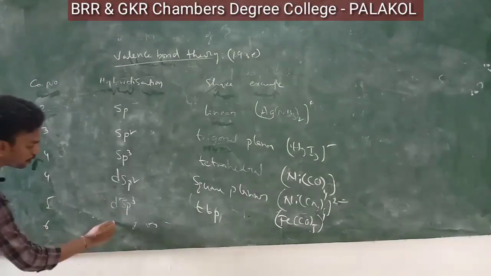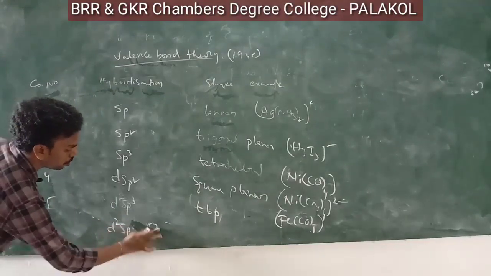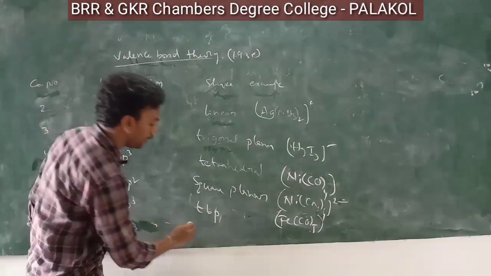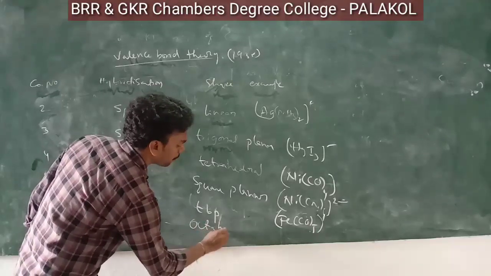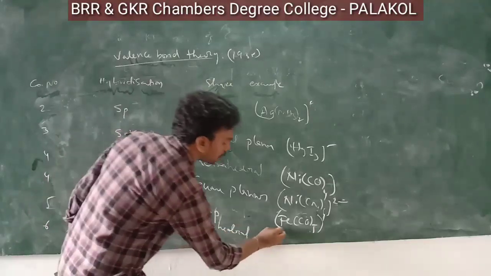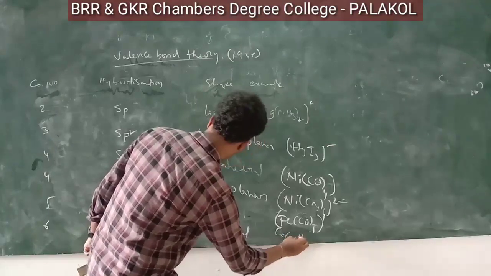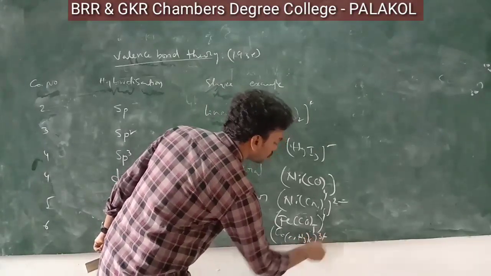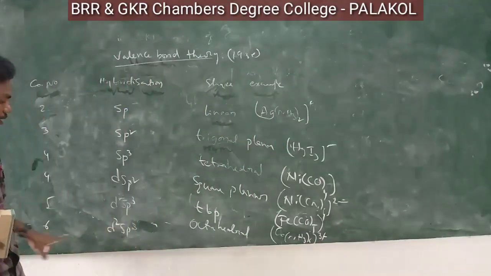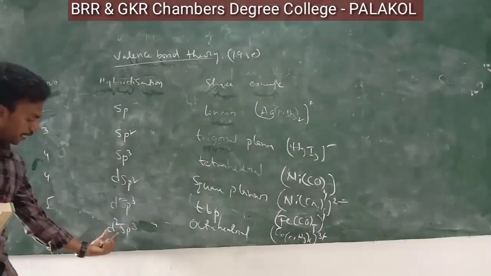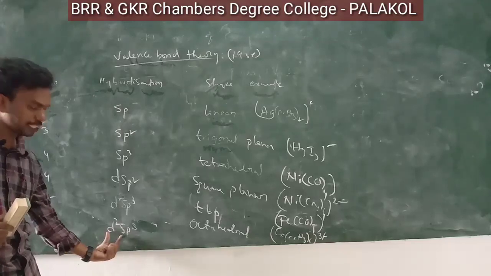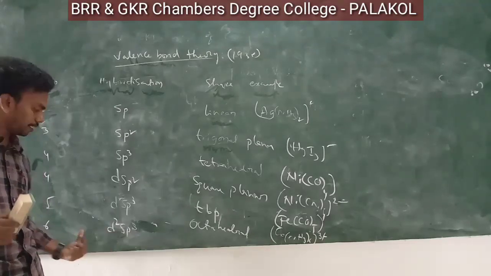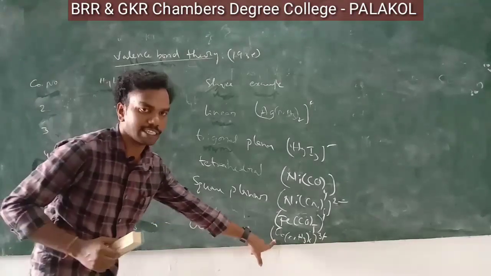Coordination number 6 is d2sp3 hybridization, octahedral geometry, example Co(NH3)6 3 plus. Here inner d orbitals are involved, as the hybridization itself indicates. This is an inner orbital complex.